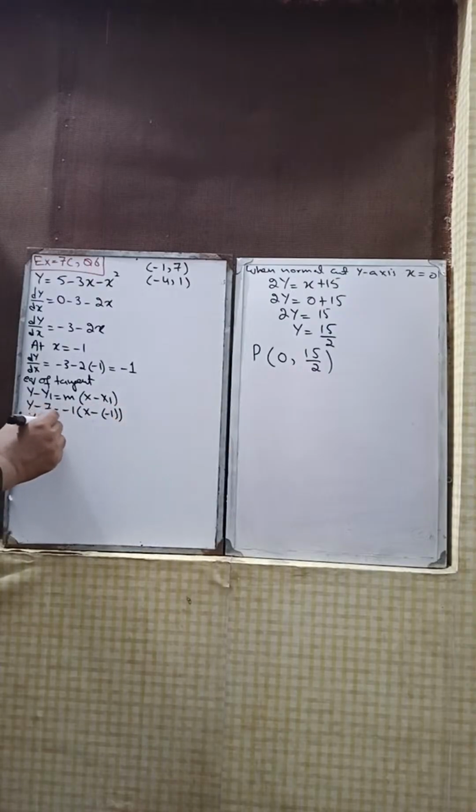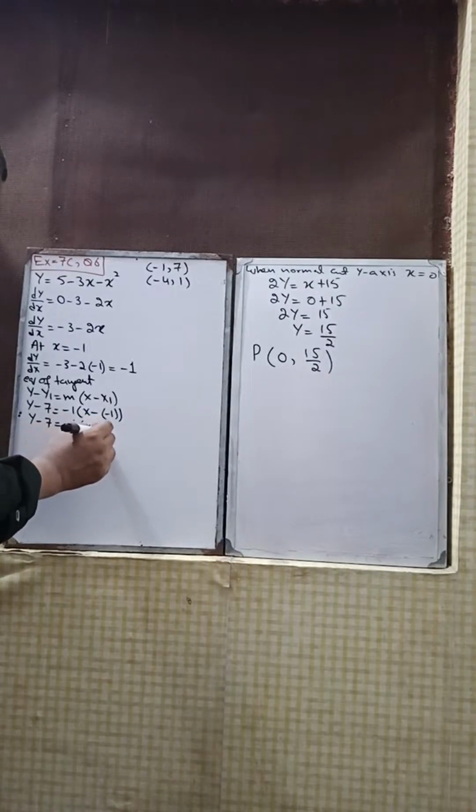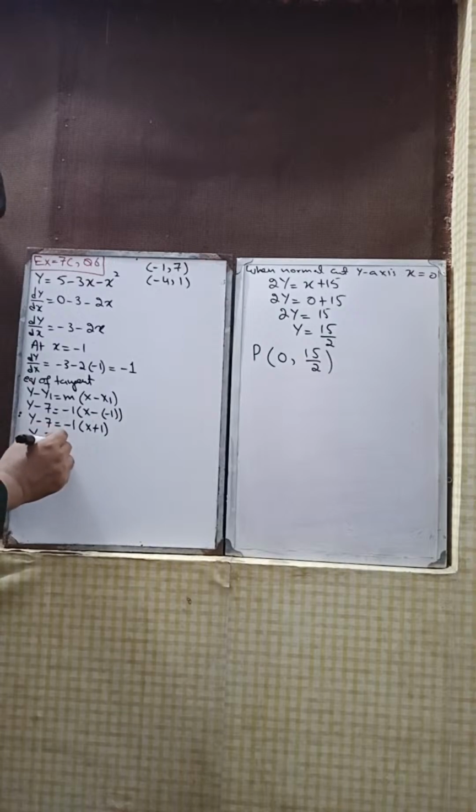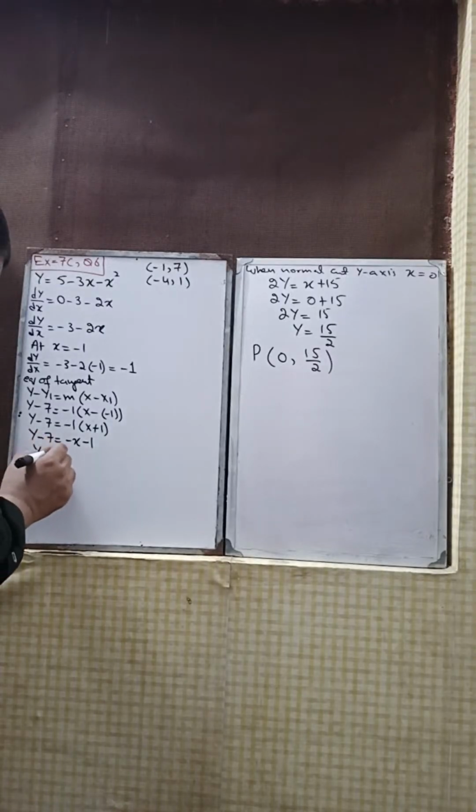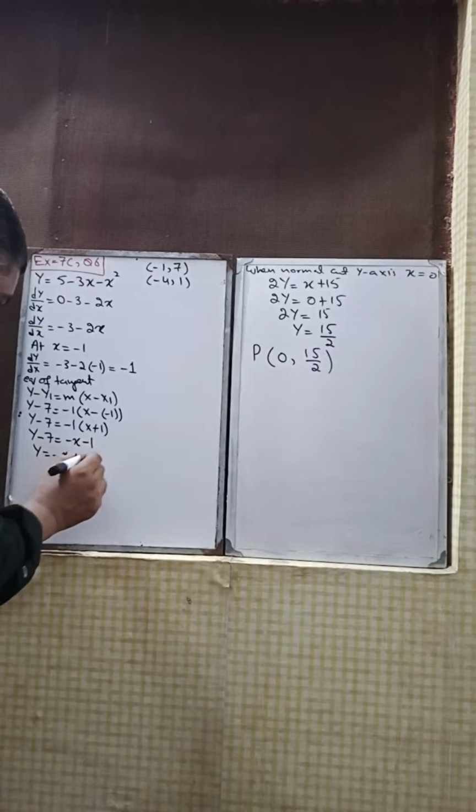So y minus 7 equals -1 into (x plus 1), so y minus 7 equals minus x minus 1. So y equals minus x, and the -7 goes to the other side, added, and it becomes +6. Okay, so this is the equation of the tangent at the point (-1, 7).